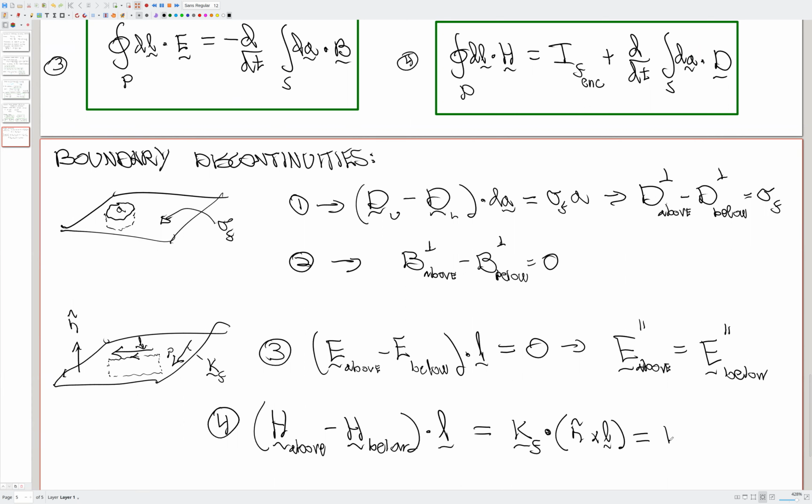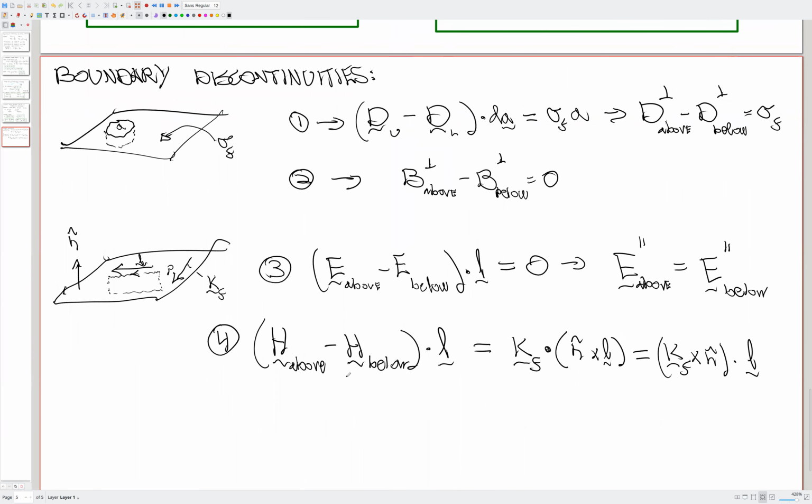So this is the same thing as the cross product between K free and n dotted into L. And you see now I equate both sides, and it's valid for any L, any direction that I want.